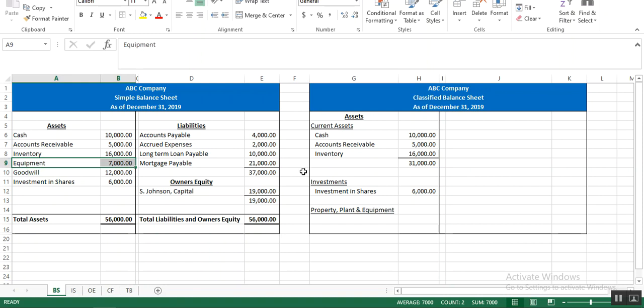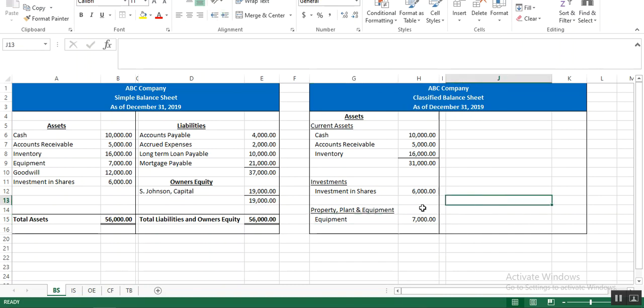That's a good example. So this would fall in property, plants, and equipment. So you copy this and paste it below. Again, this is the only property, plants, and equipment item. So I can kind of leave that there. I don't have to show a total.